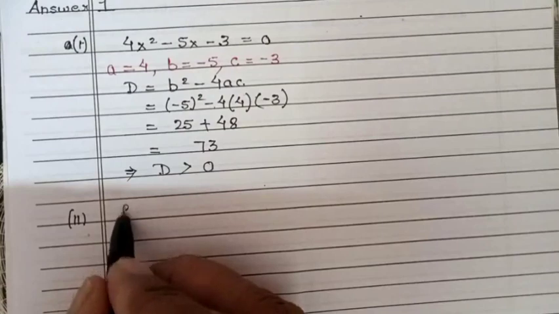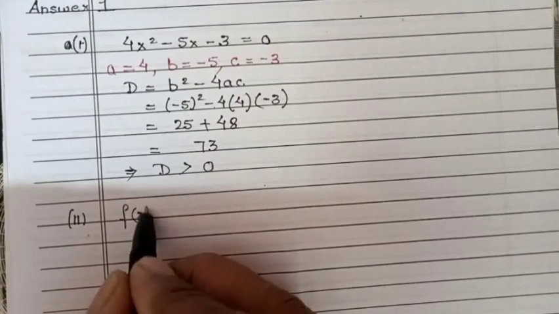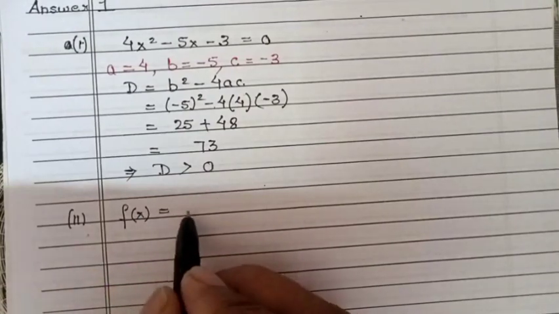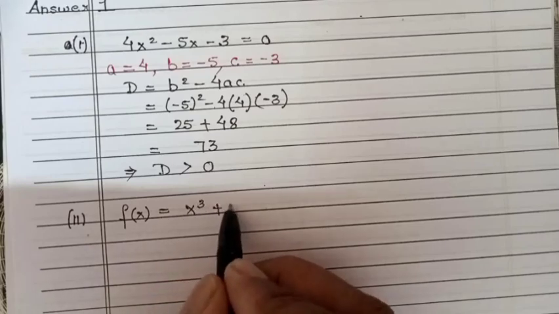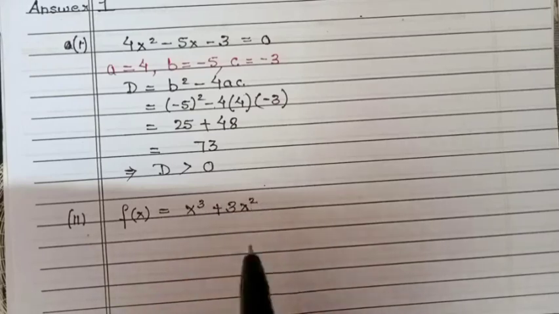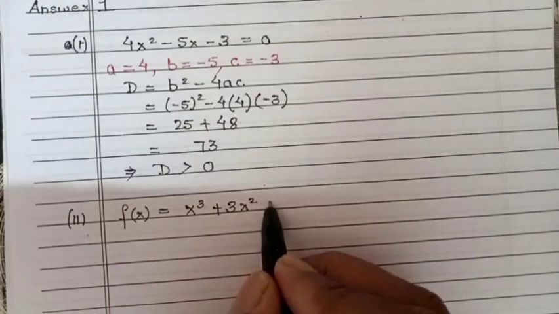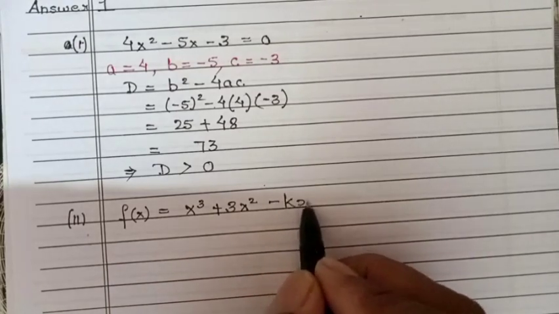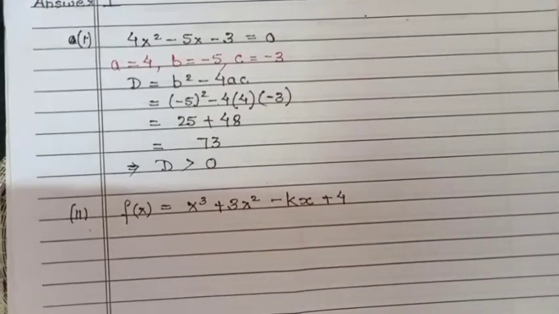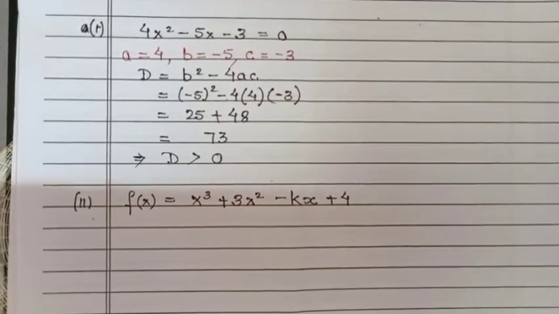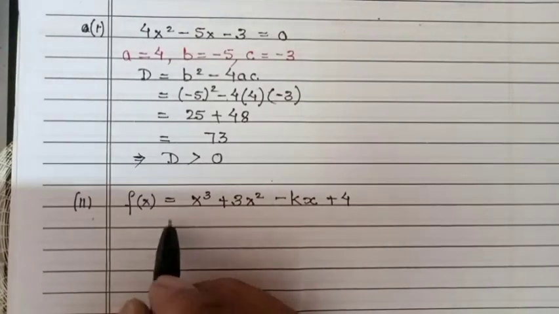The polynomial to be divided, let it be represented by f(x). So it's x cube plus 3x square minus kx plus 4.